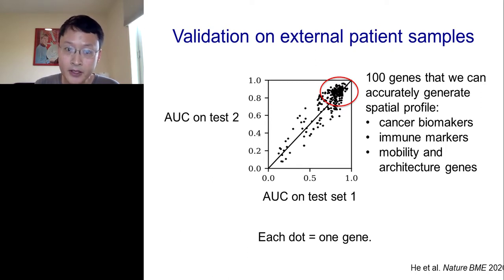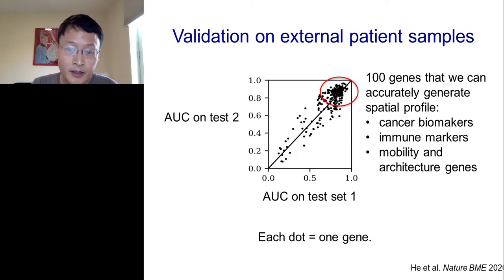These are the 100 genes where you have AUC above 0.8, above 0.9. And these are the genes where we think the algorithm can quite reliably generate these spatial profiles computationally. These 100 genes also capture many of the key genes that we're interested in. They include cancer biomarkers, immune markers, as well as genes that are really important for the mobility and architecture of the cells.